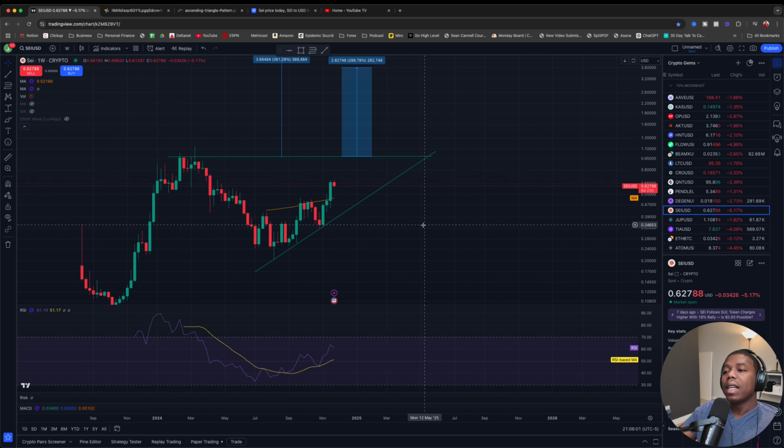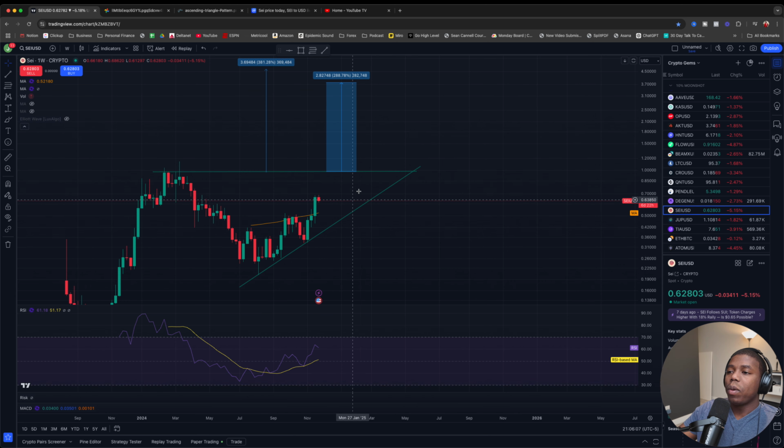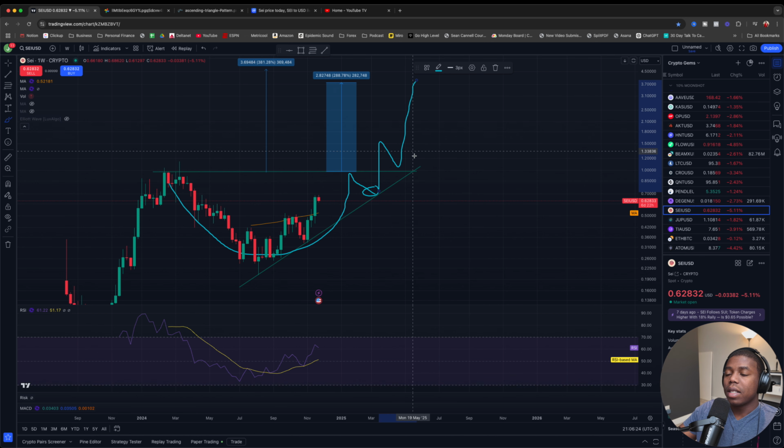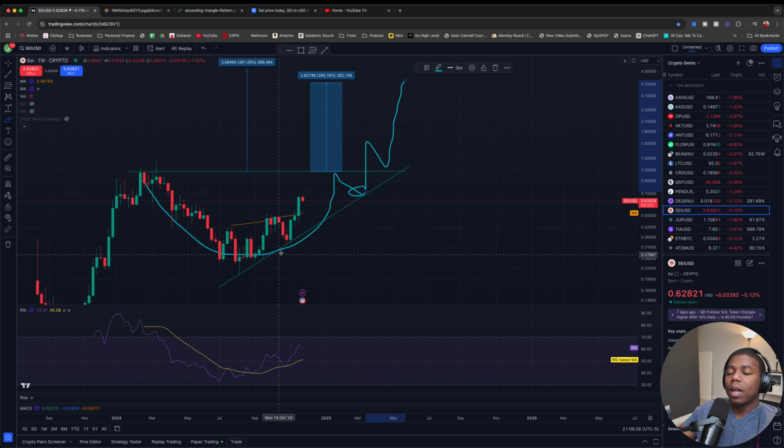I don't necessarily think it's going to do that, but I want to get a little bit more confirmation and confidence that we are going to break to the upside. I'm also looking to see if we can make this rounding pattern like so, and then a little bit of a pullback with some type of bullish candlestick pattern to give me confidence that we're going to come up and then continue on.